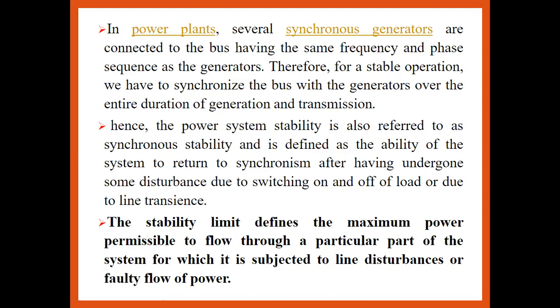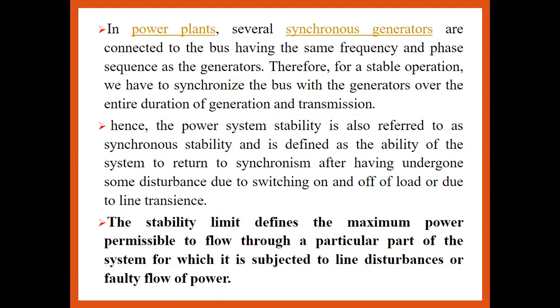Therefore, for stable operation, we have to synchronize all the synchronous generators over the entire duration of their generation and transmission for the given period. If there is an abnormality, if any generator's frequency or phase sequence is disturbed, then the whole bus system and the synchronization will be disturbed for a specific short duration of time.